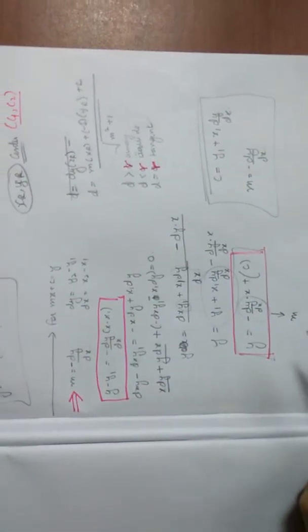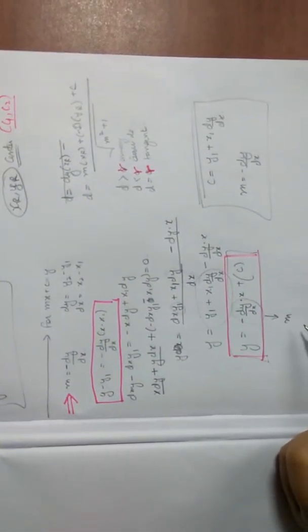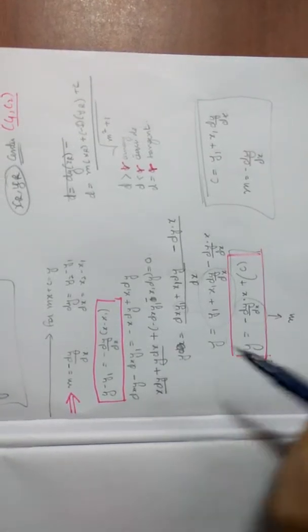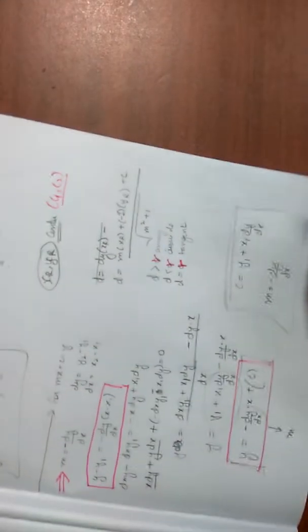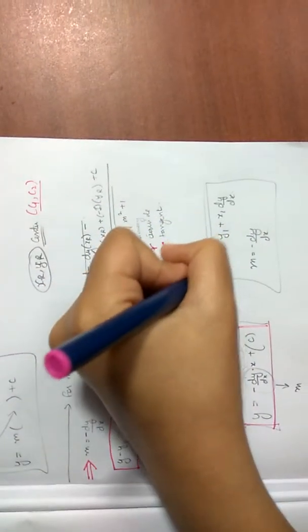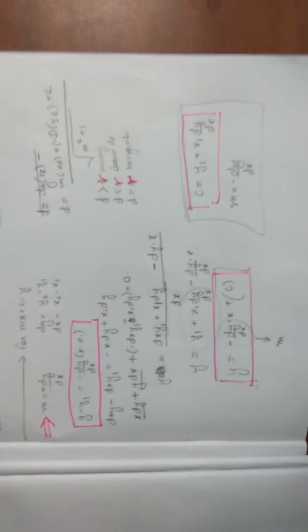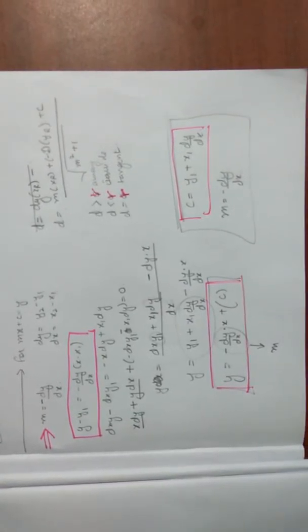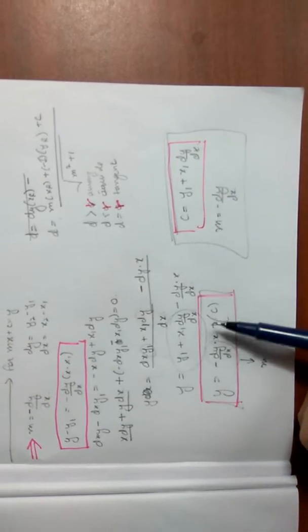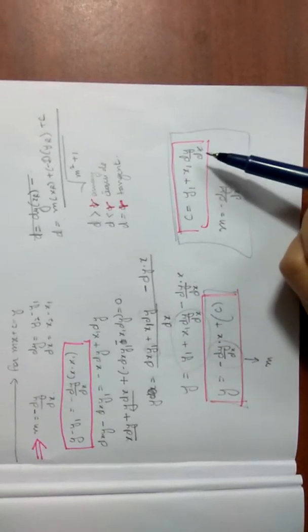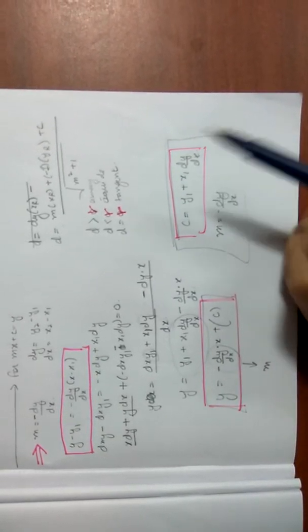In this we have substituted minus dy by dx as m, and y1 plus x1 into dy by dx as c. And finally we get the equation of the line as this. I want to apologize. As you can see, this is not the equation of the line. This is the value of c which has been substituted in this, that is y1 plus x1 into dy by dx.